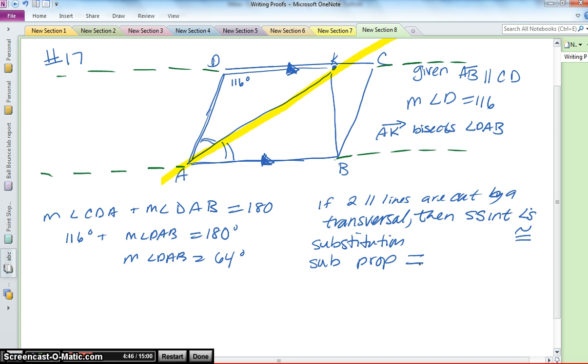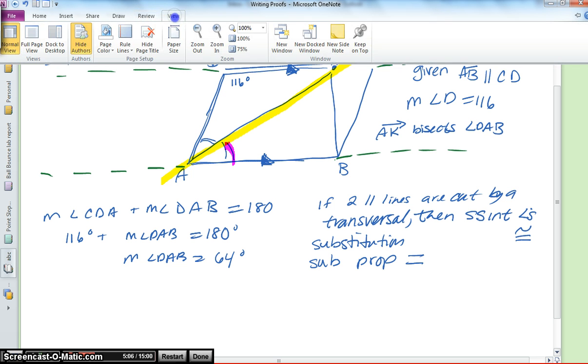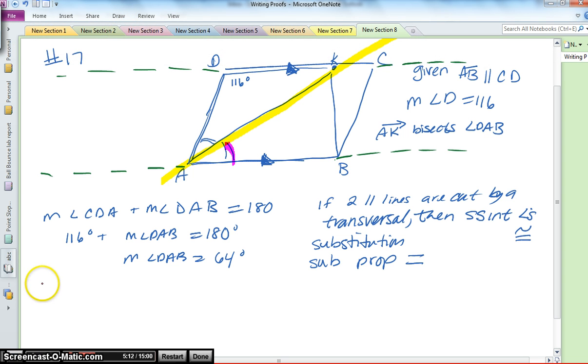So we found the measure of angle DAB. We need the measure of angle KAB and DKA. So measure of angle KAB, this guy right here. So we know that the measure of angle DAK plus the measure of angle KAB equals the measure of angle DAB.